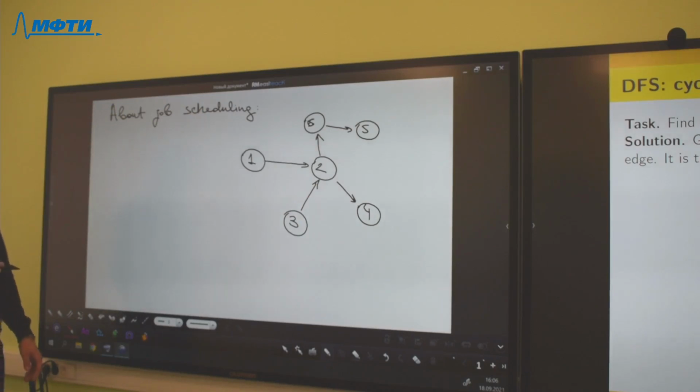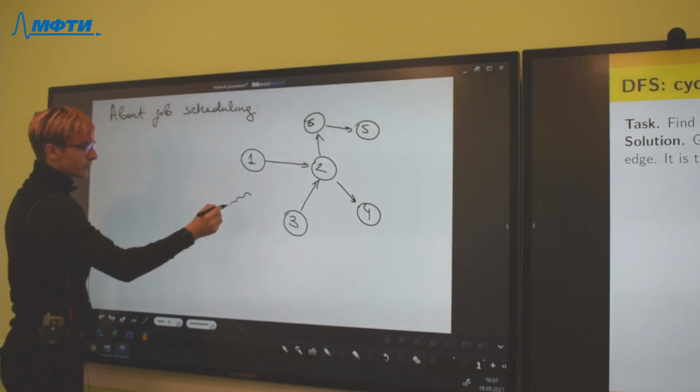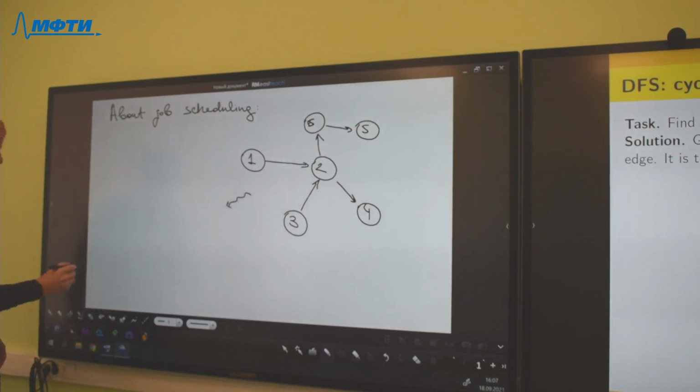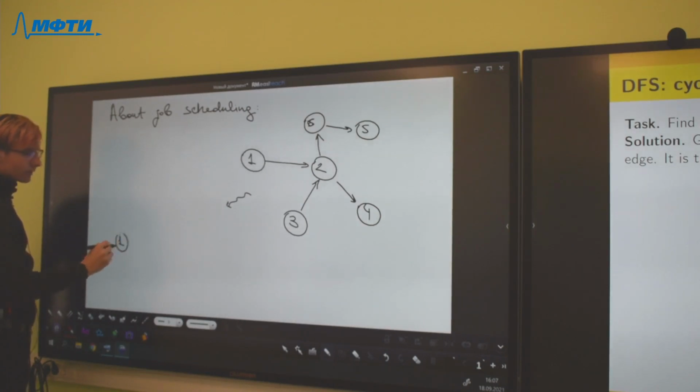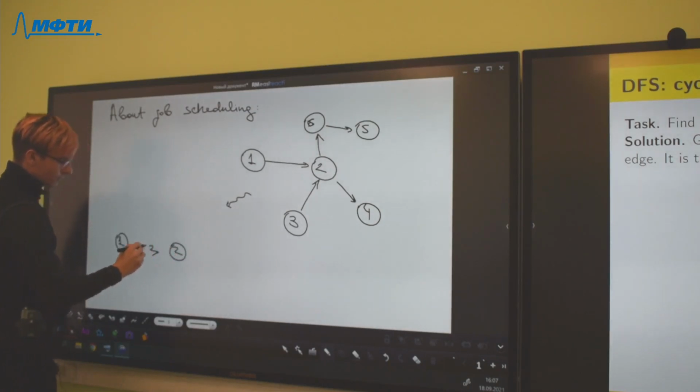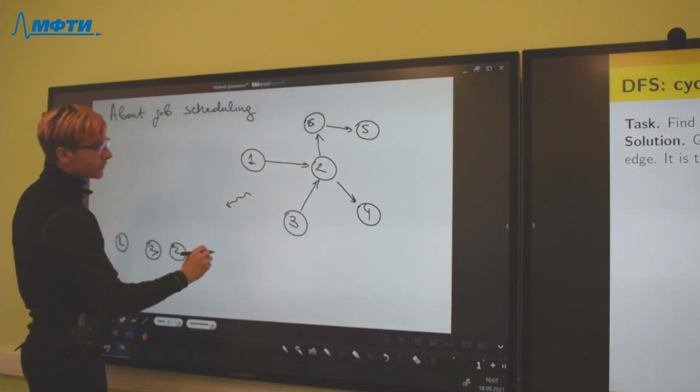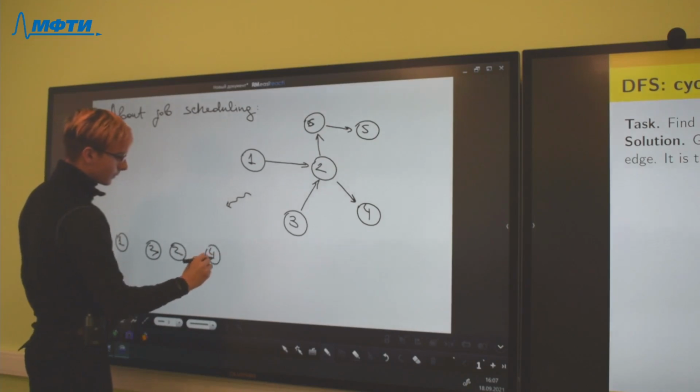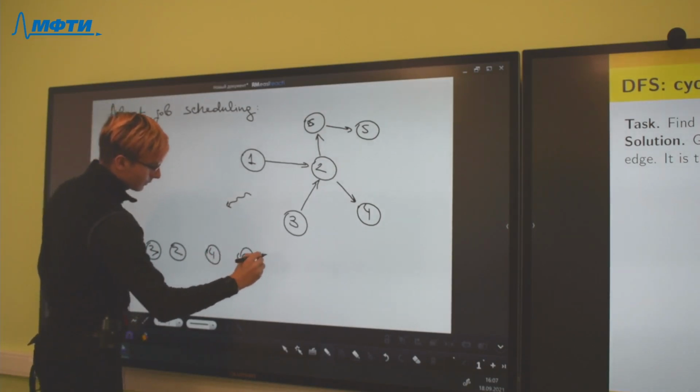And then we can order these tasks like this, for example: 2, 4, 6, 5.